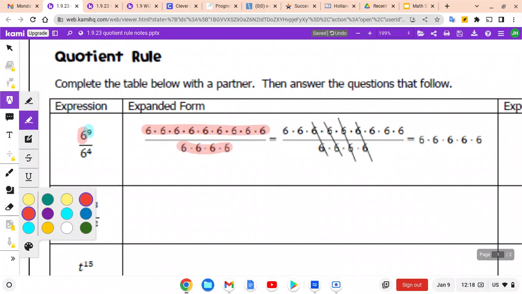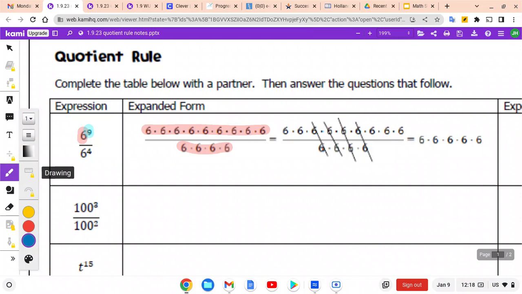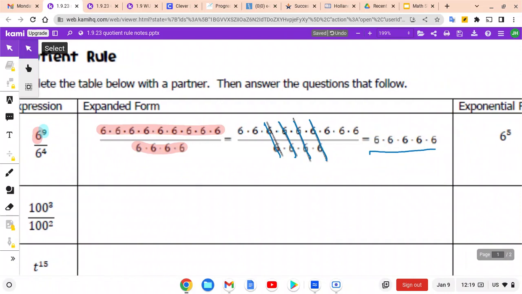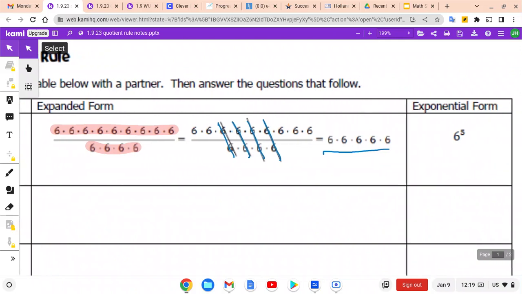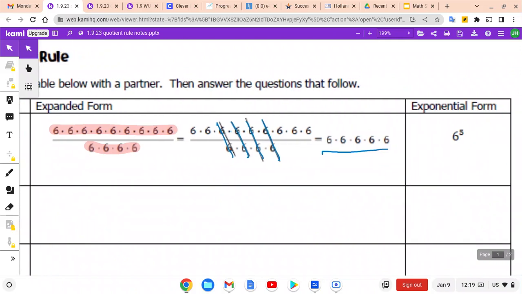And multiplying by 1 does nothing. So you can just cancel out a 6 on top and 6 on bottom by dividing. Well, that leaves 5 6s. So the simplified form of 6 to the ninth divided by 6 to the fourth is 6 to the fifth power because there's 5 6s.